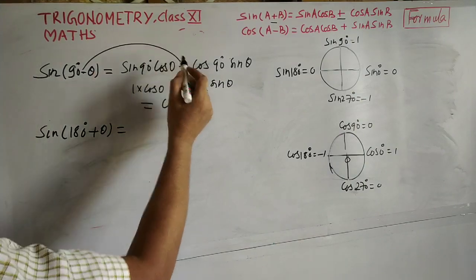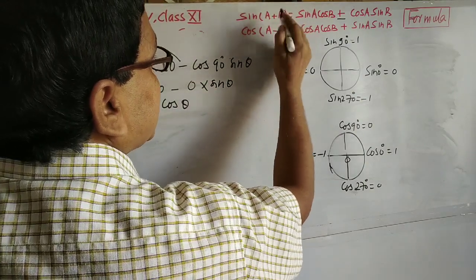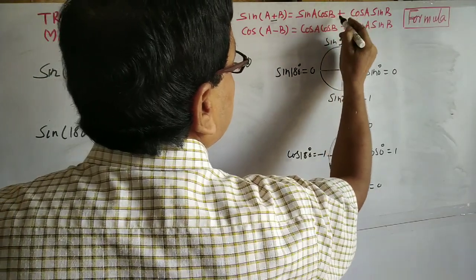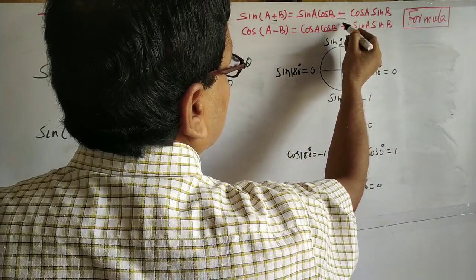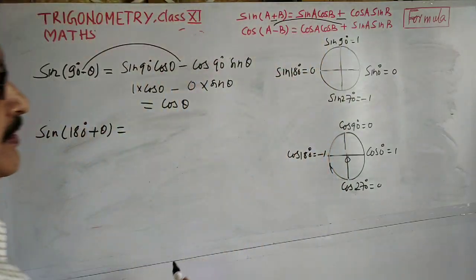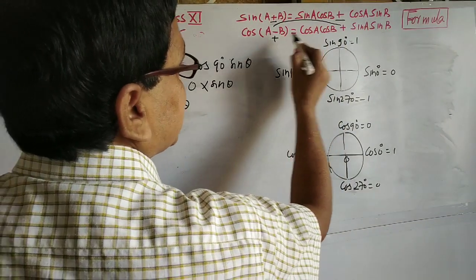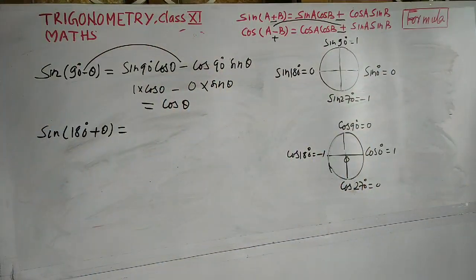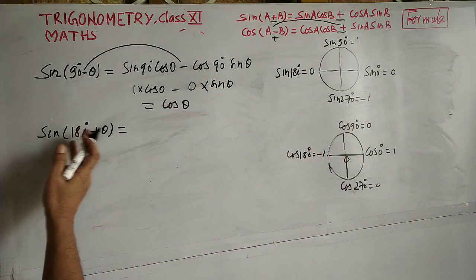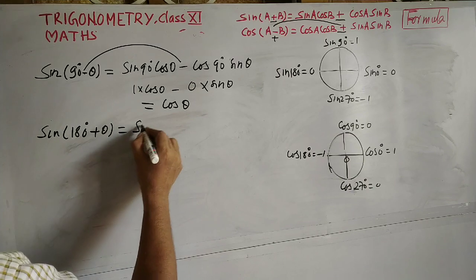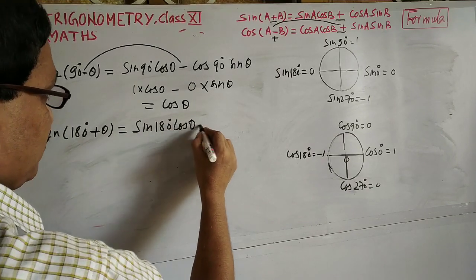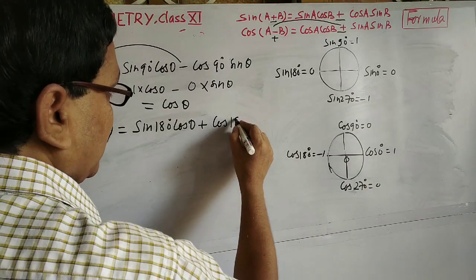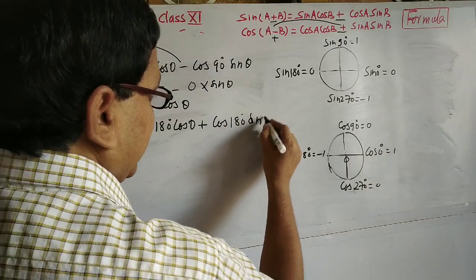Now this is the correct formula in the case of cos: plus minus, and if we take plus, it becomes minus. These are important formulas you will see in trigonometry. So sine A plus B is sine A into cos B plus cos A into sine B.